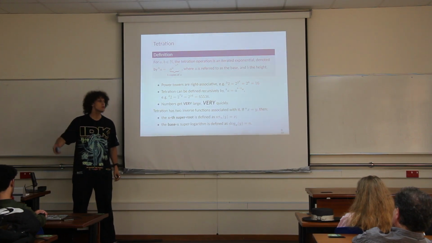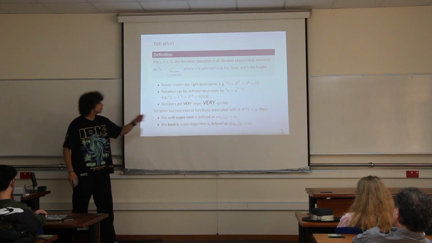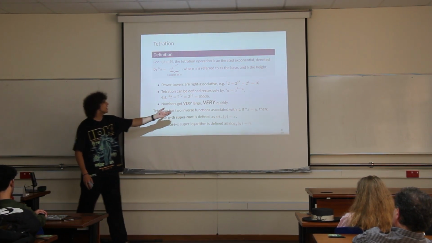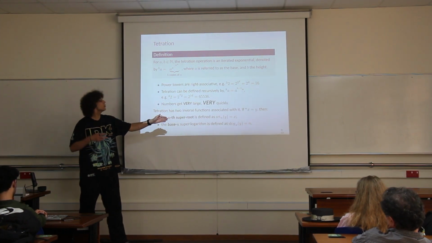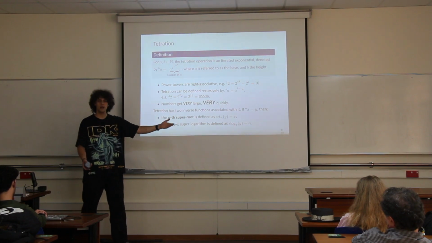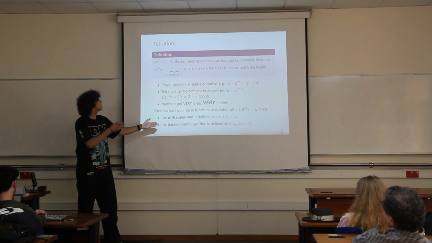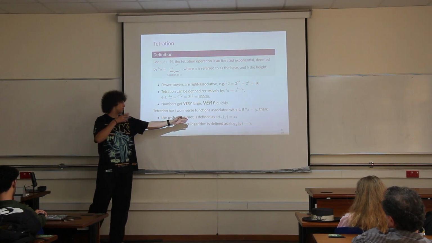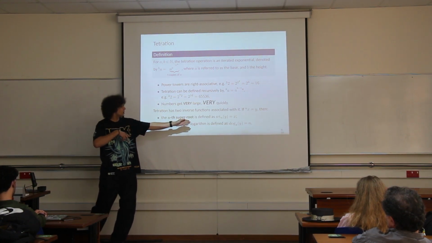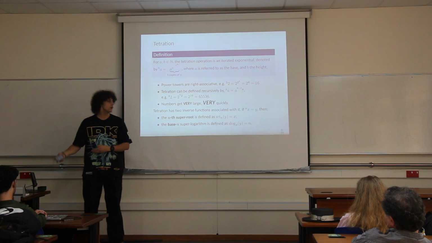Similarly, for tetration, we can define the nth super root, which, if x is tetrated to n is equal to y, then the nth super root of y is equal to x, and the super logarithm base x applied to y is just equal to n, okay?